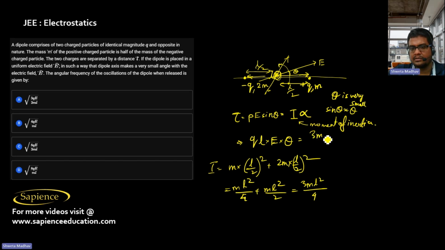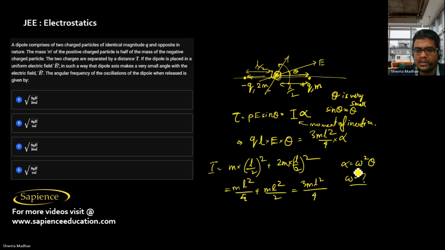This will be equal to 3ml square by 4 into alpha. Now alpha is equal to omega square theta, where omega is the angular frequency. Omega only we have to find out. So now this L and this L will cancel.